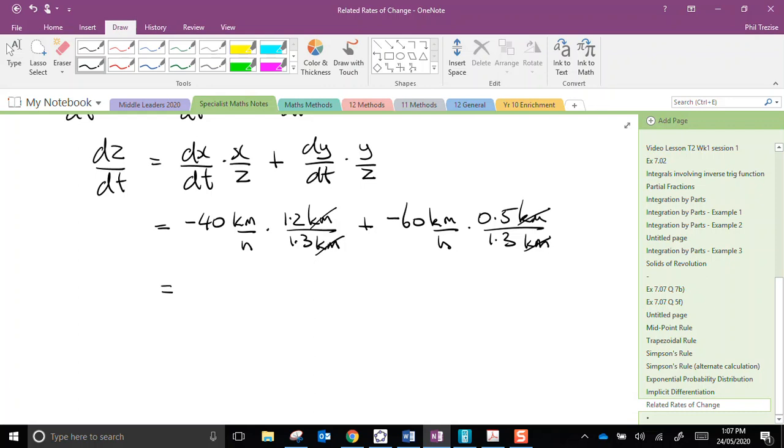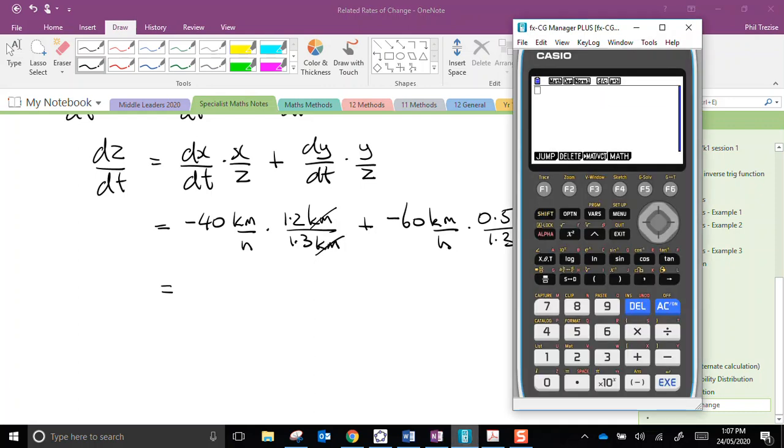So let's just do a quick calculation here then, shall we? I need negative 40 by 1.2 over 1.3, plus negative 60 by 0.5 over 1.3.